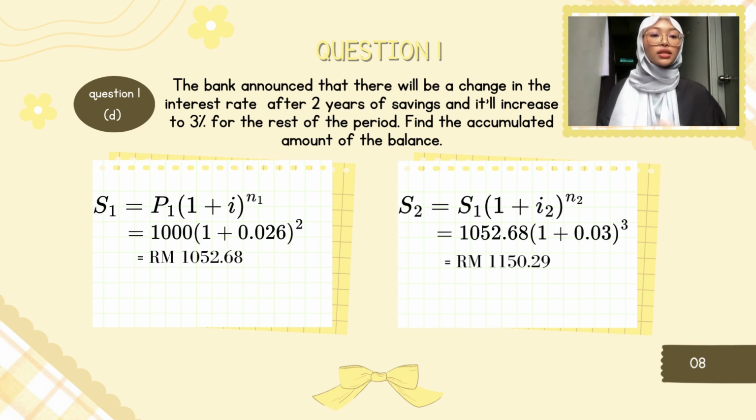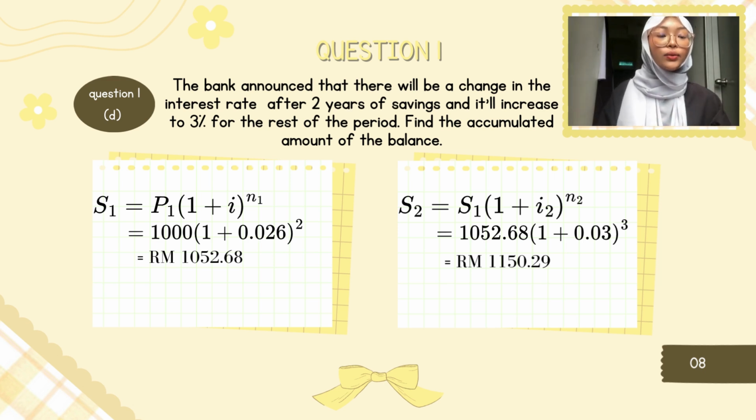So we just need to substitute all the information into the formula. So it will be 1,000 times (1 + 0.026) to the power of 2. So the answer for S1 is RM1052.68.